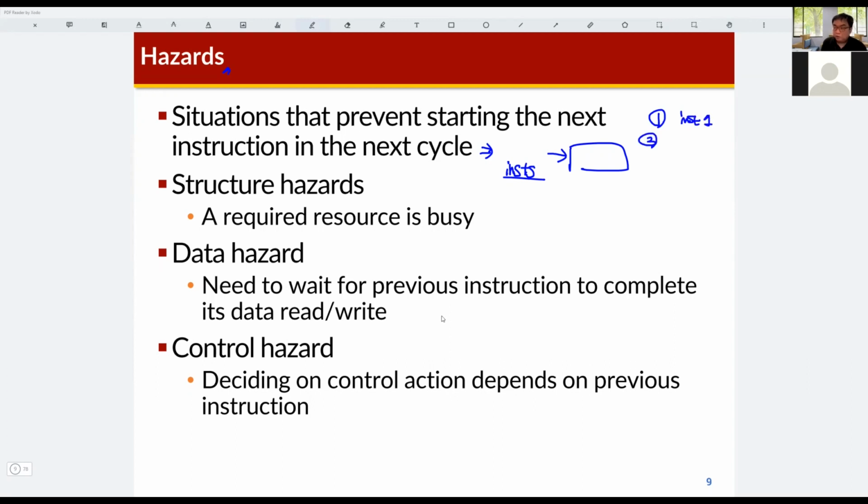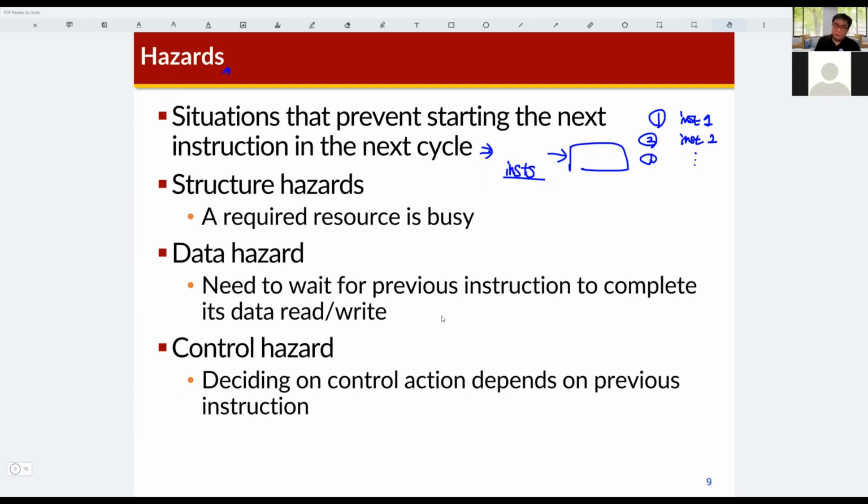In cycle number 2, this processor can receive instruction number 2, then instruction number 3, something like that. That is our assumption, and it is also true for the single cycle processor, which can receive a single instruction every cycle.